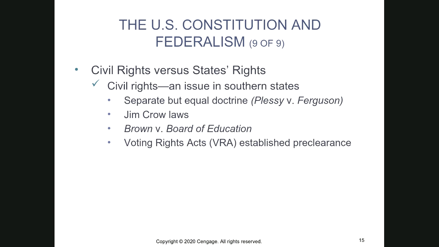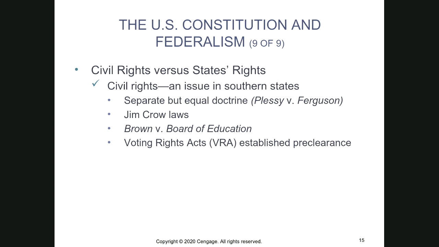So again, if we think back to that chart we were looking at a minute ago, reserved powers, powers that the state generally gets, elections are going to fall into the reserved powers category. Well, with the Voting Rights Act, the federal government was marking out specific states that had a history of keeping African Americans from the polls.